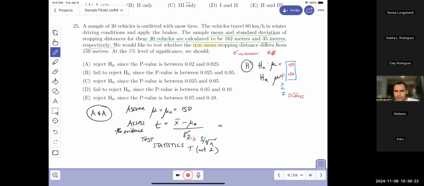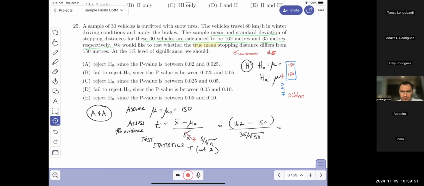So our X bar is what? Adriana did it. Good. 162 is given, minus the hypothesized mean, which is 150. And then S is given as 35, divided by square root of 50. Be careful entering that into your calculator. Make sure if you subtract these that you press equals first before you divide.